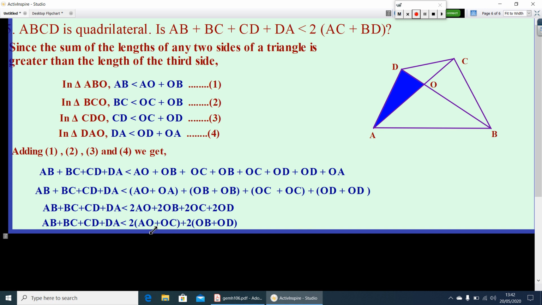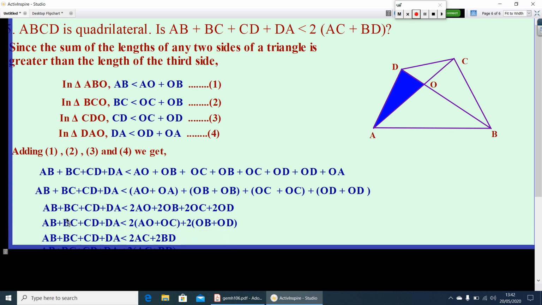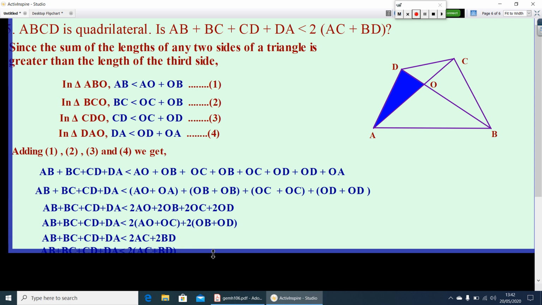Now look at the figure. What is AO plus OC? AO plus OC, that you can write as AC. Similarly, what is OB plus OD? OB plus OD, you can write as BD. So this we can write as AB plus BC plus CD plus DA less than 2AC plus 2BD.